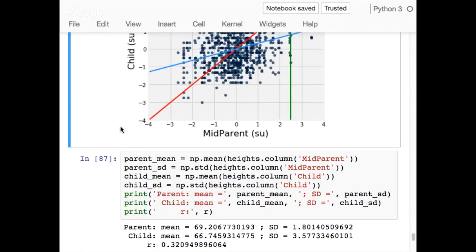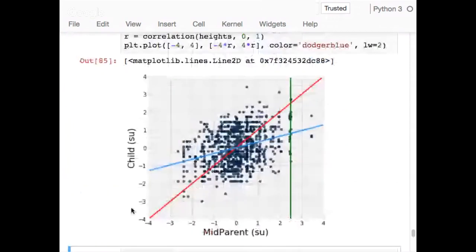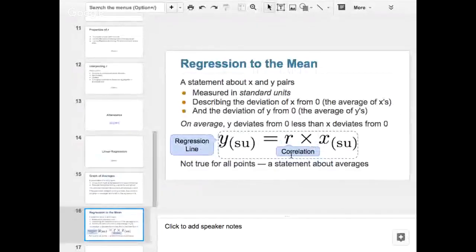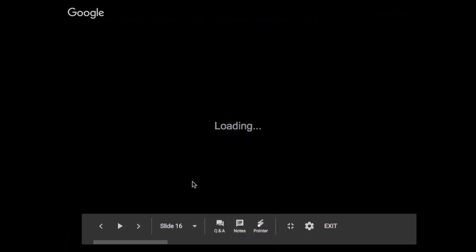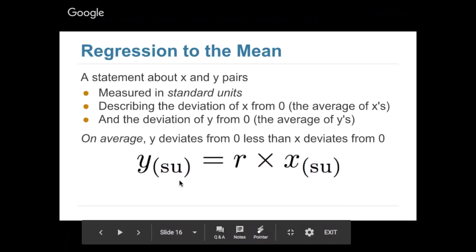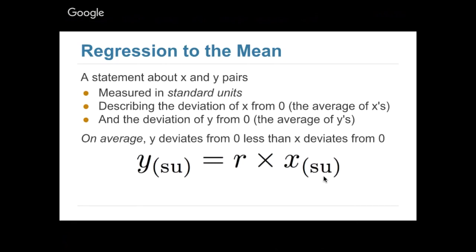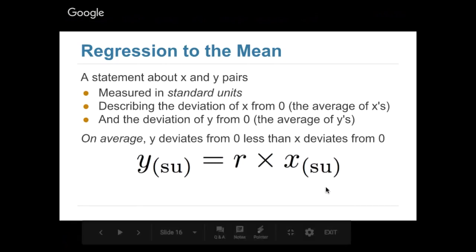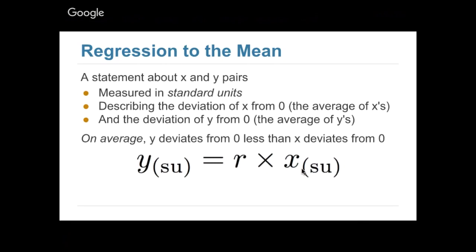So the way we can do that is we can note this. We have here a relation between X and Y in standard units, and we can just convert from standard units back to original units. The idea here is X in standard units is the original value of X minus the mean divided by the standard deviation.